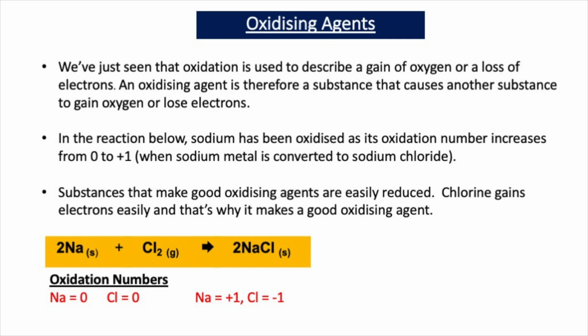It's a loss of 1 electron, and that electron goes to a chlorine which has 7 electrons in its outer shell and easily gains that electron. So the oxidation number of chlorine goes from 0 to -1. That is reduction. The reason that chlorine is a good oxidizing agent is because it gains an electron easily. So an oxidizing agent is a substance that causes another to lose electrons.